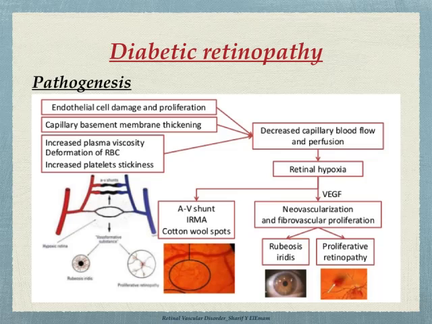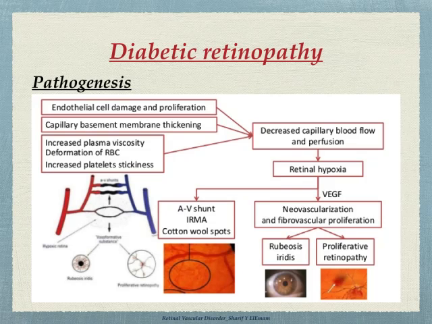We can see that there is endothelial damage and proliferation, capillary basement membrane thickening, increased plasma viscosity and deformation of the RBCs, as well as increased platelet aggregation, and this can lead to decreased capillary blood flow and perfusion, leading to retinal hypoxia. The hypoxic retina can form either arteriovenous shunts, or AV shunts, or intraretinal microvascular abnormalities, which can be shortened to IRMA, and the cotton wool spots.